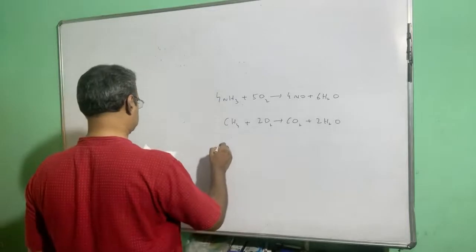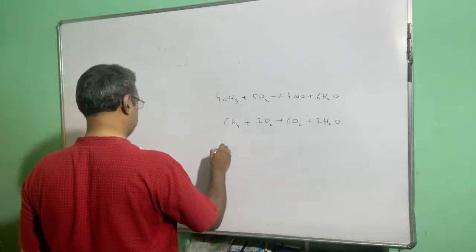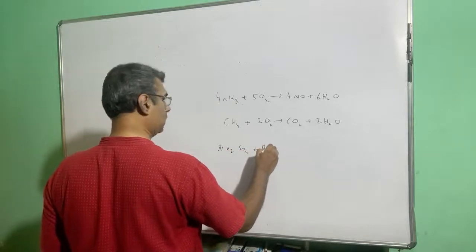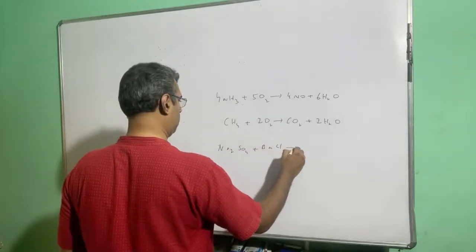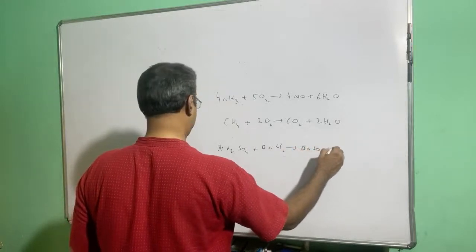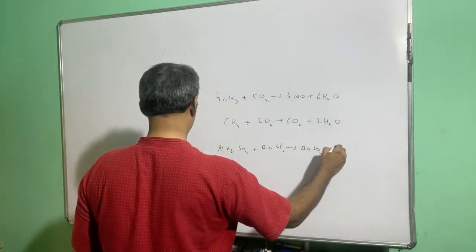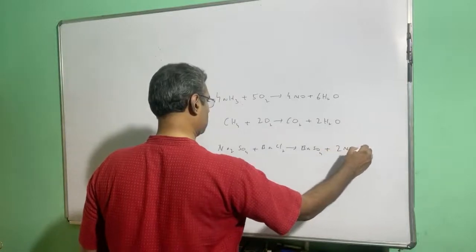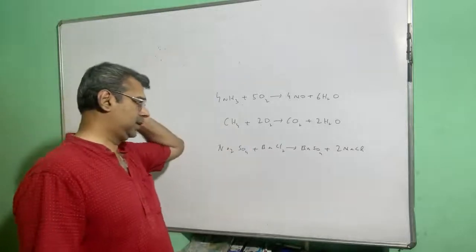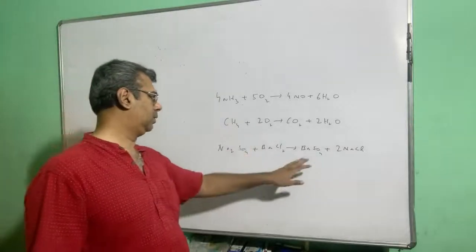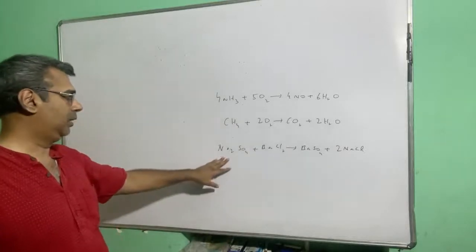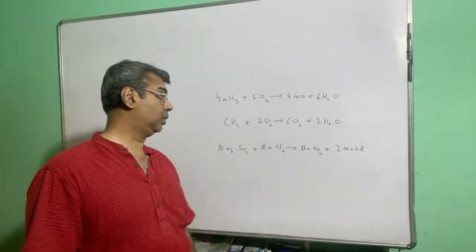First of all, I am talking about this reaction, Na2SO4 plus BaCl2 is equal to BaSO4 plus 2NaCl. Okay? Na2SO4 plus BaCl2 is BaSO4 plus 2NaCl.